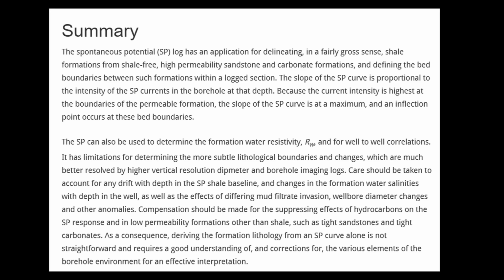The slope of the SP curve is proportional to the intensity of the SP currents in the borehole depth. That's what can cause drifting. Because the current intensity is highest at the boundaries of the permeable formation, the slope of the SP curve is at a maximum, and an inflection point occurs at these boundaries. The SP can also be used to determine the formation water resistivity and for well-to-well correlations.